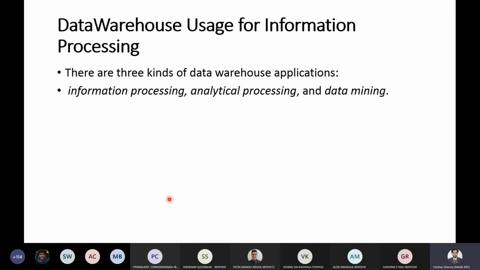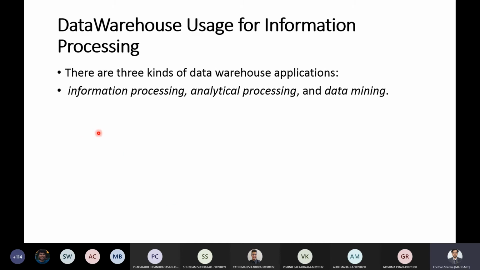So this slide deals with how your data warehouse is used for information processing, or rather what are the applications of a data warehouse and information processing. There are 3 kinds of data warehouse applications, as you can see: information processing, analytical processing, and data mining.